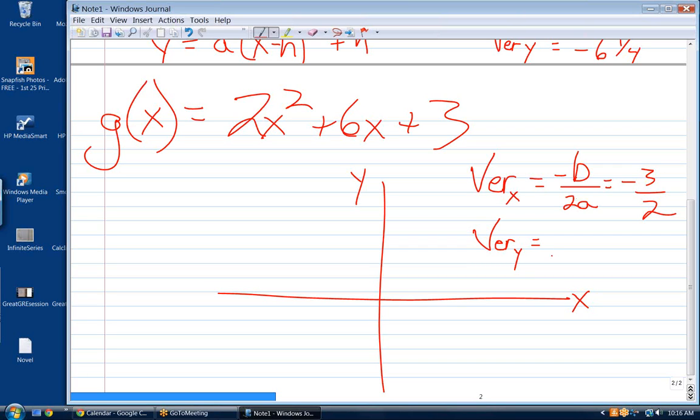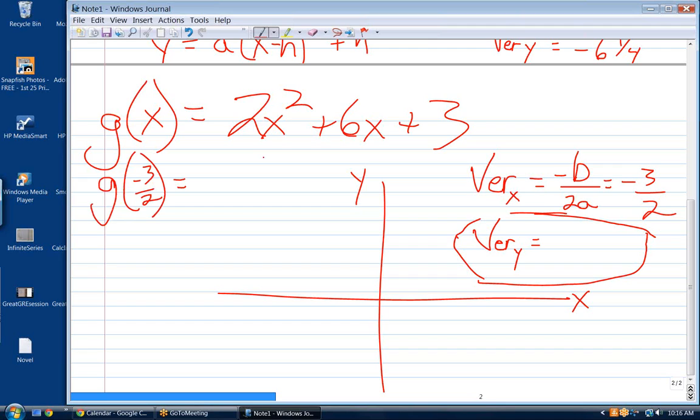Okay, so now we need the y-coordinate, and this will actually be our answer. Whatever this comes up to be is going to be the minimum value of this function. So we really need g of minus 3 halves. So let's plug in minus 3 halves and see what we have.